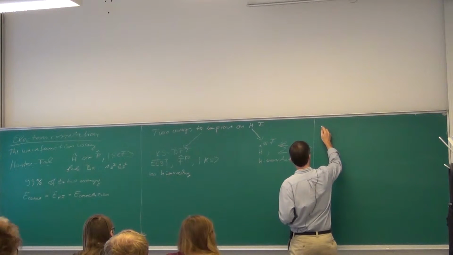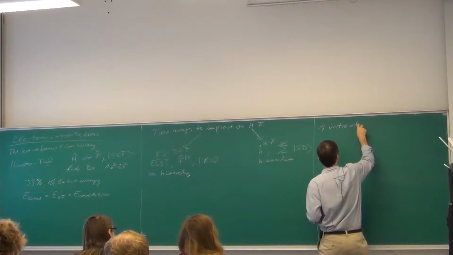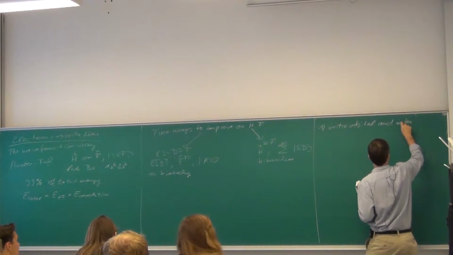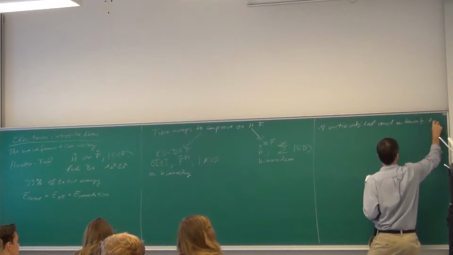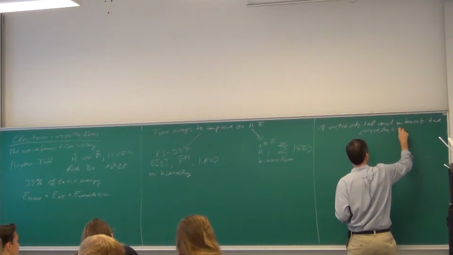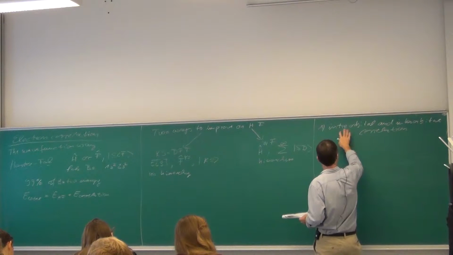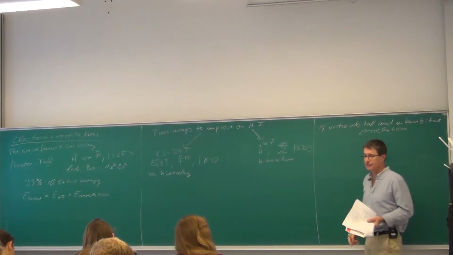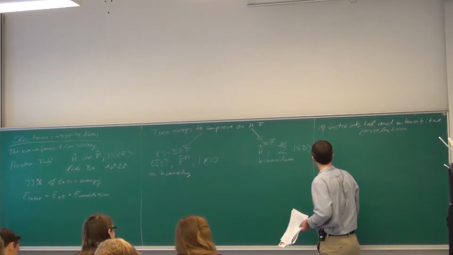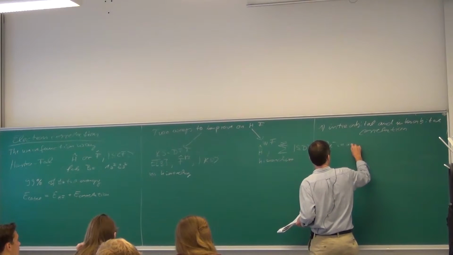But we can distinguish between intra-orbital and inter-orbital correlation. The intra-orbital is, in a closed shell system, you have two electrons sitting in the same orbital.